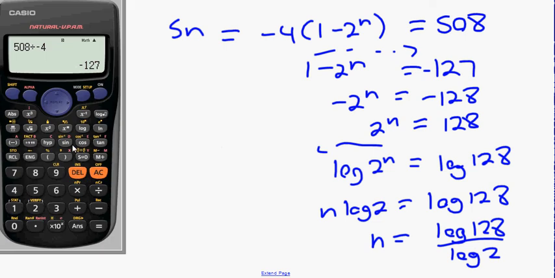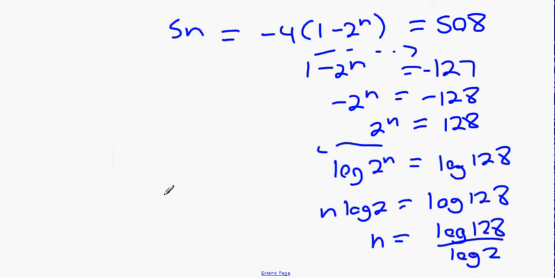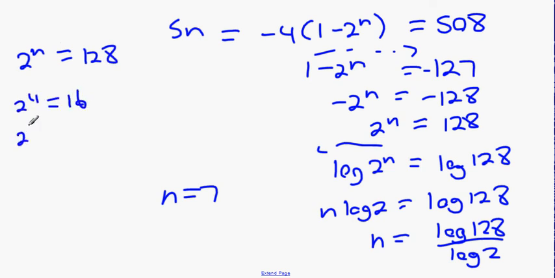Log 128 divided by log 2 goes 7 times, so n equals 7. The other way to do it would have been 2 to the power of n equals 128. So you could say 2 to the power of 4 is 16, power of 5 is 32, power of 6 is 64, and power of 7 is 128.